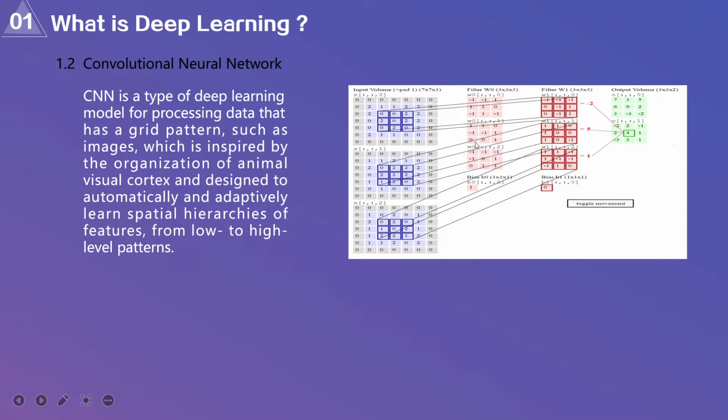As you can see here, we have the feature map on the left-hand side. It is convolved with a filter, or kernel, 3x3, and the output volume is the feature map.